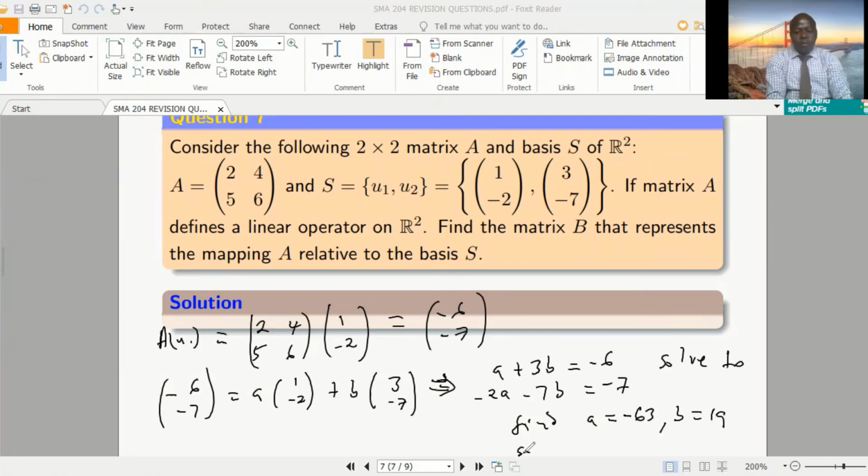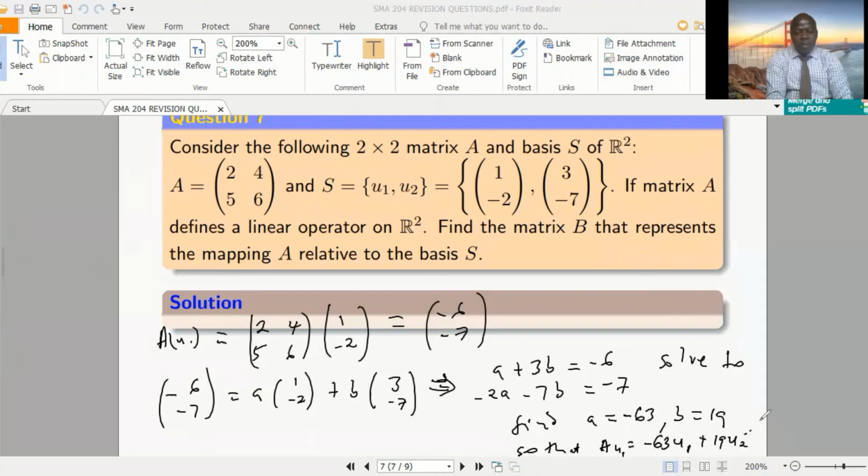So that A of U1 is negative 63 U1 plus 19 U2.